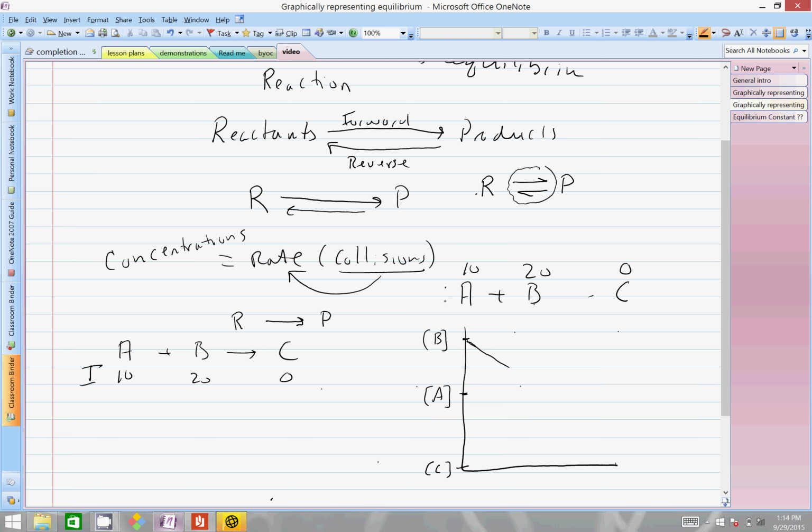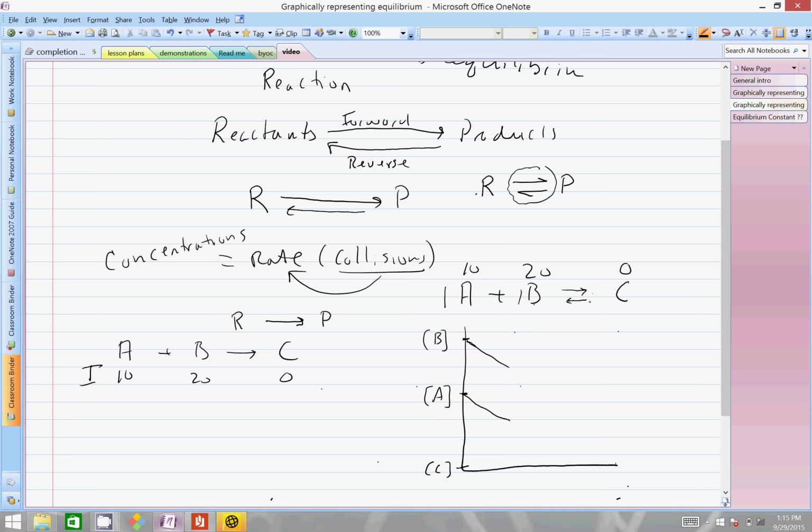They both have 1s here, so the slope would be the same. But as I lose these, my nice vigorous forward reaction starts to dwindle, and it's slowing down. As it slows down, the reverse reaction, which was inept before, is starting to pick up.